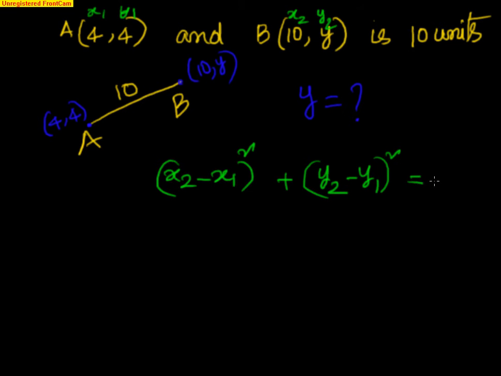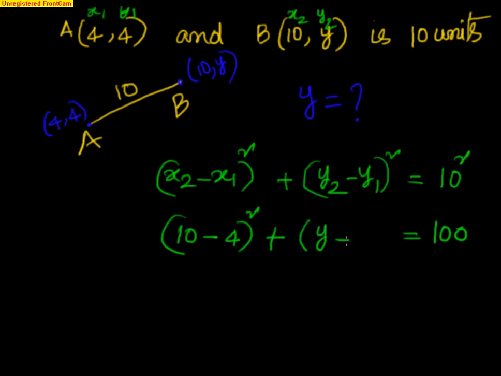You are squaring them and equating them to 10 square, which is 100. What is my x2 and x1? x2 is 10, x1 is 4, y2 is y, y1 is 4.